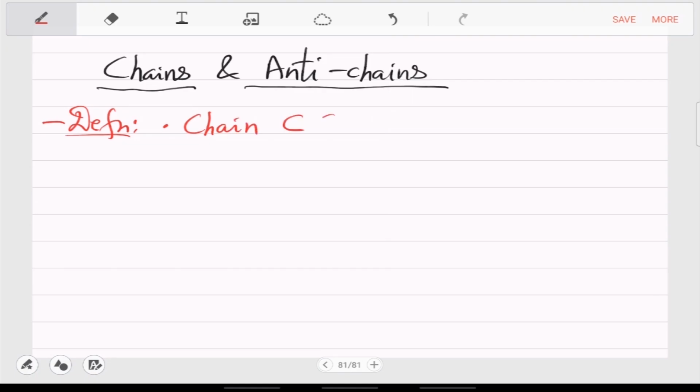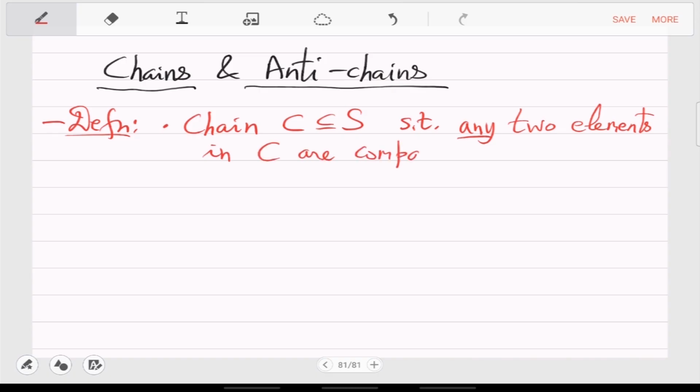So chain C is a subset of the domain such that, what is the property that defines it? This 1, 3, 6, what is happening there? Any two elements are comparable, right? It's kind of in the local world, it's a total order. So such that any two elements are comparable. That's a chain.